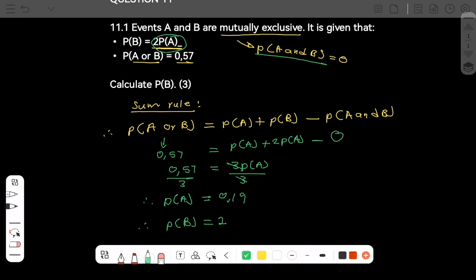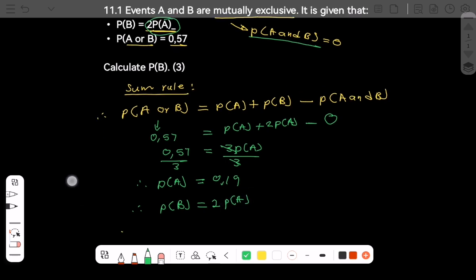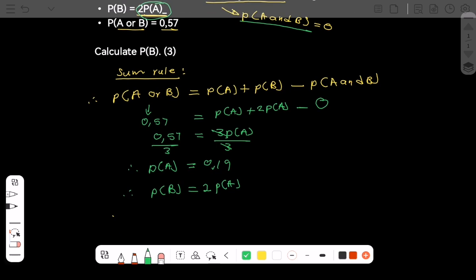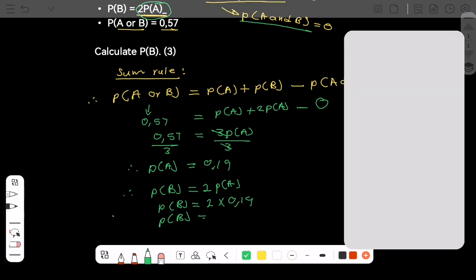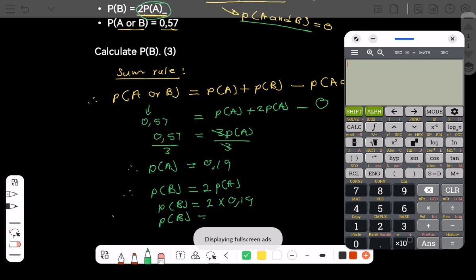I'm just going to substitute where there is the probability of A, I put 0.19, in order for me to get the actual size of the probability of B. 2 times 0.19.